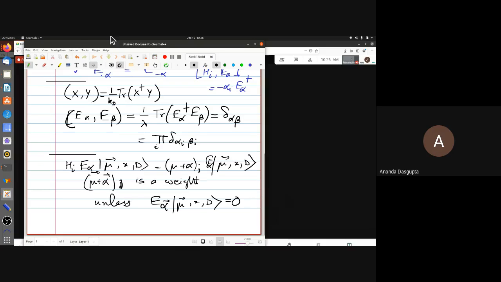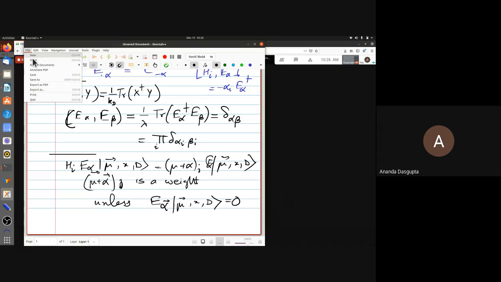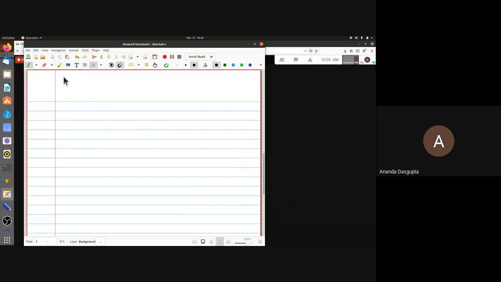And coming back to the adjoint representation, if any of these results seem unfamiliar to you, you should tell me, but this is something which we have all seen before. E alpha, E beta, you can easily use a Jacobi identity to show that the commutator of E alpha and E beta is also going to be a shift operator of the form E alpha plus beta.